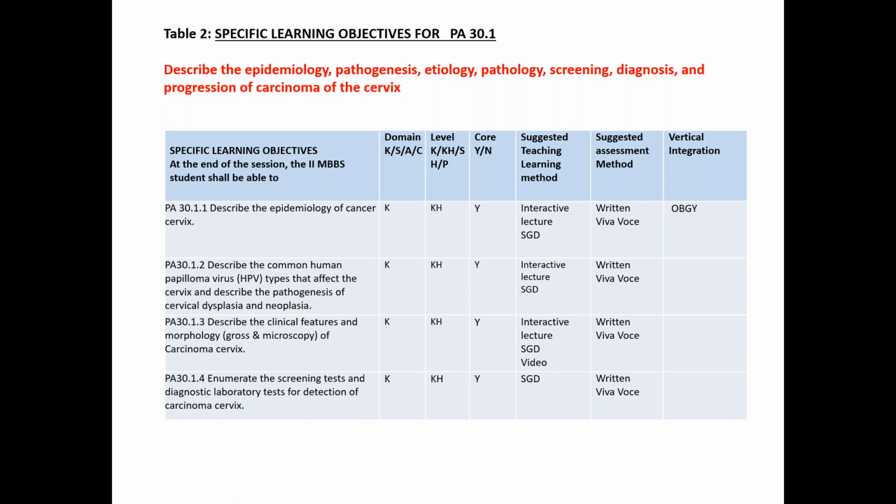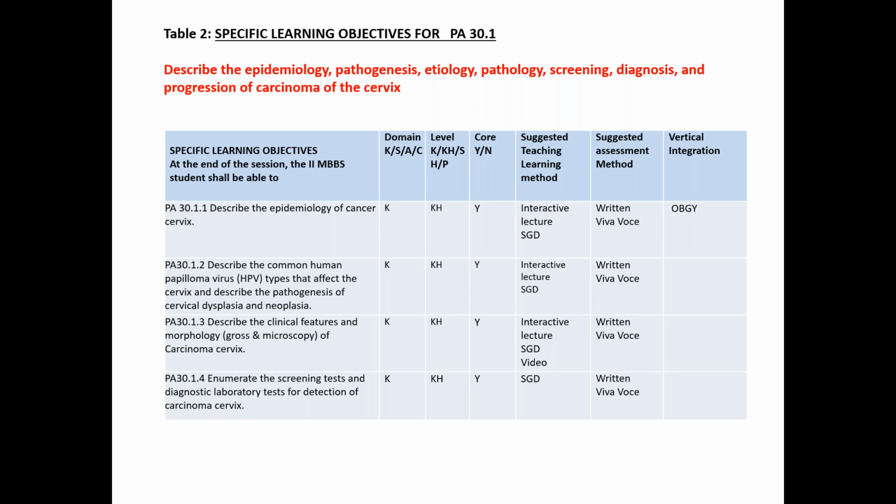Now let's look at the SLOs of the first competency. Describe the epidemiology, pathogenesis, etiology, pathology, screening, diagnosis, and progression of carcinoma cervix. The first SLO, describe epidemiology of cancer cervix. Then followed by describe the common human papillomavirus types that affect the cervix and describe the pathogenesis of cervical dysplasia and neoplasia.